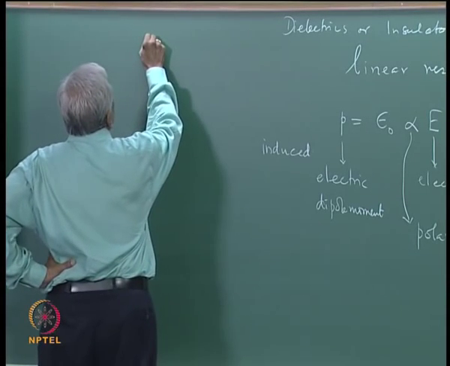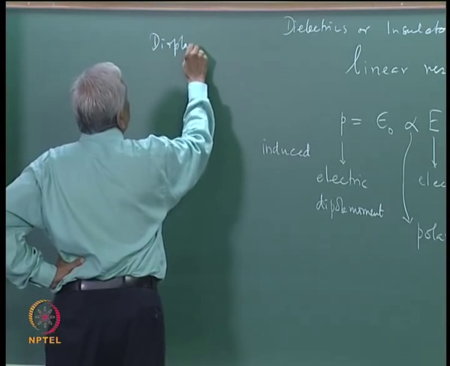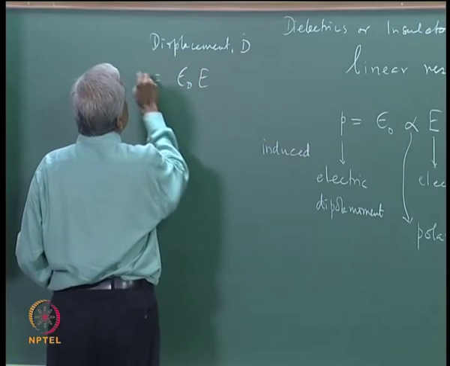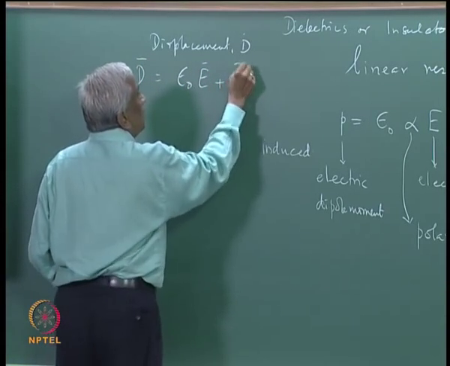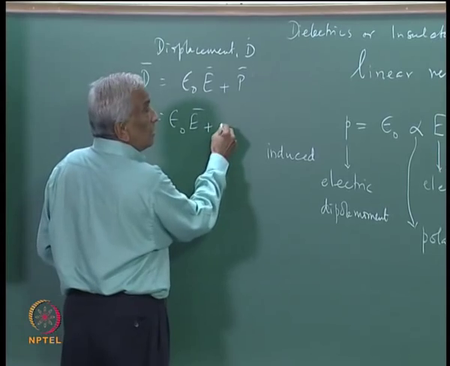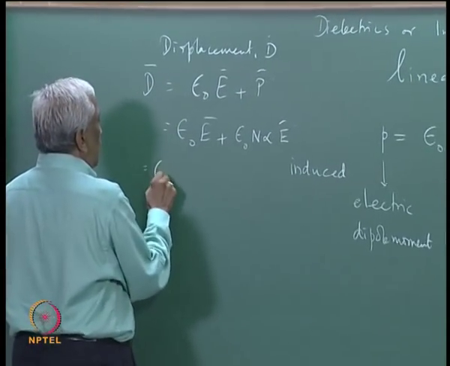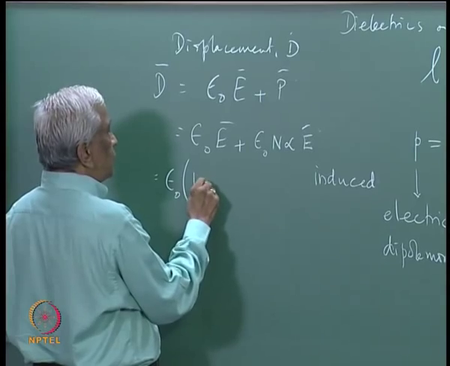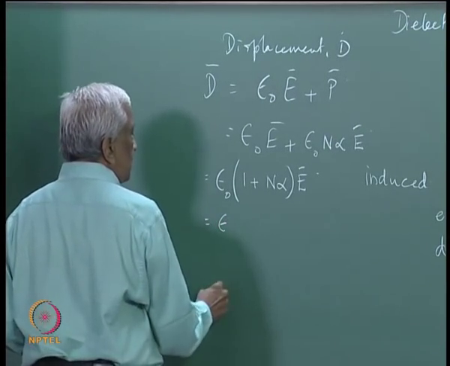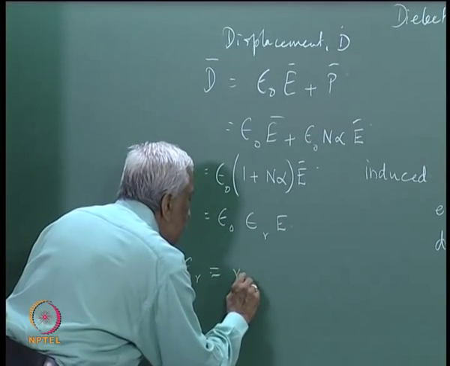There is another important vector called the displacement, D, which is defined by D equals epsilon naught E plus P. Therefore, plugging in, epsilon naught E plus P is epsilon naught n alpha E. Therefore, I have epsilon naught times 1 plus n alpha times E, and this is usually defined as epsilon naught epsilon r E, where epsilon r is the relative dielectric constant.